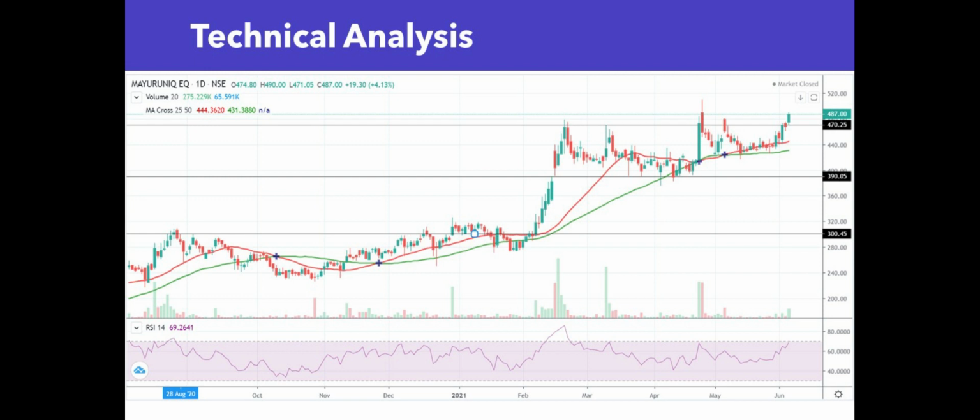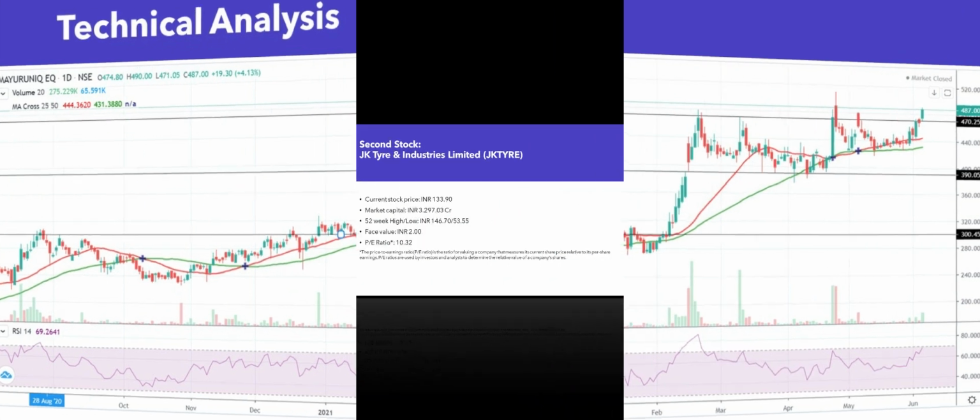The relative strength index is also not in the overbought zone, so that's again a good signal to buy the stock. So to conclude, I think the best time to invest in this stock is when it ranges between 480 to 490 rupees, over a period of the next 3 months to reach its target between 550 to 570.